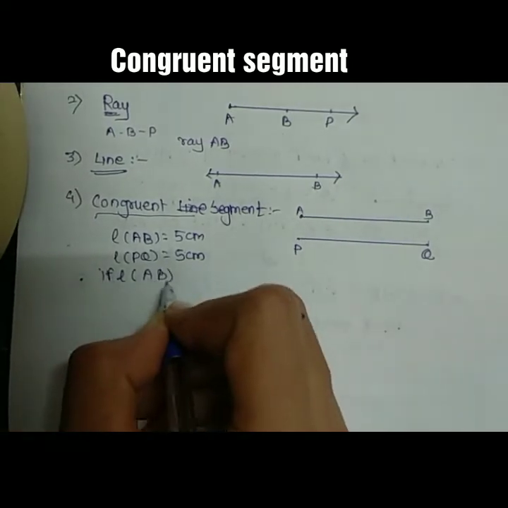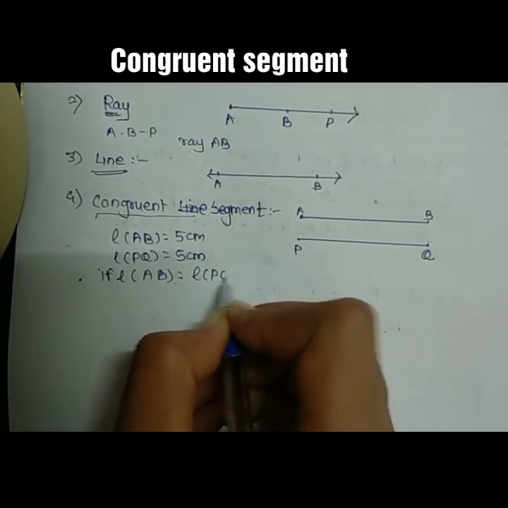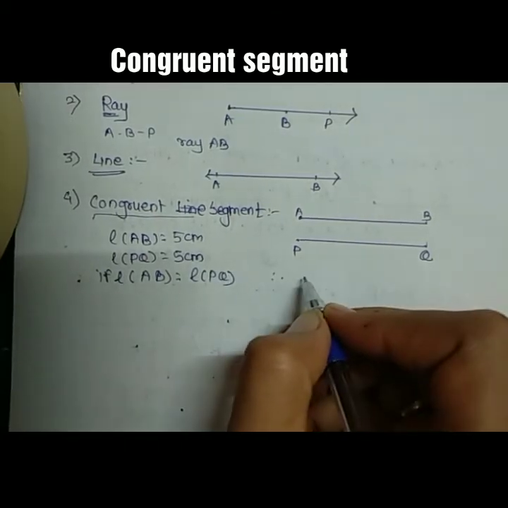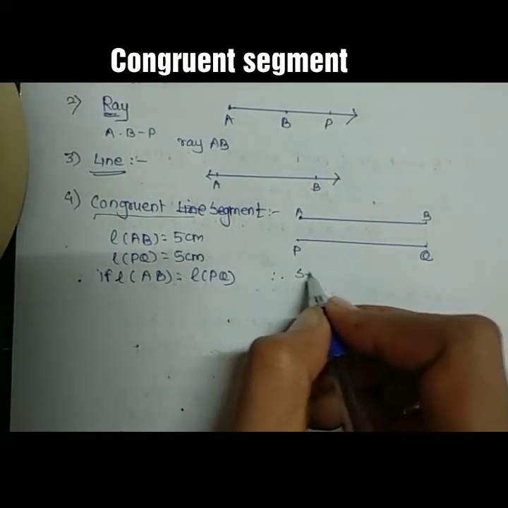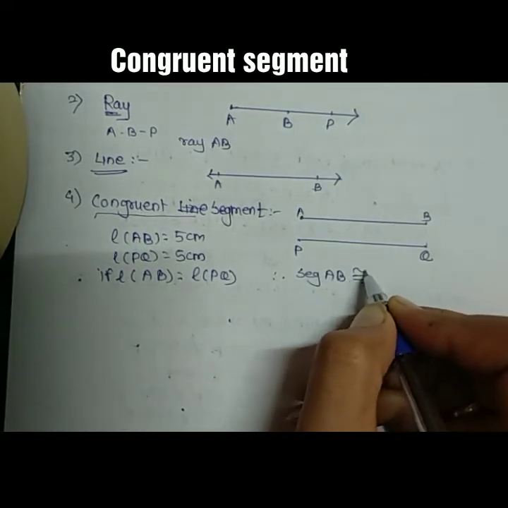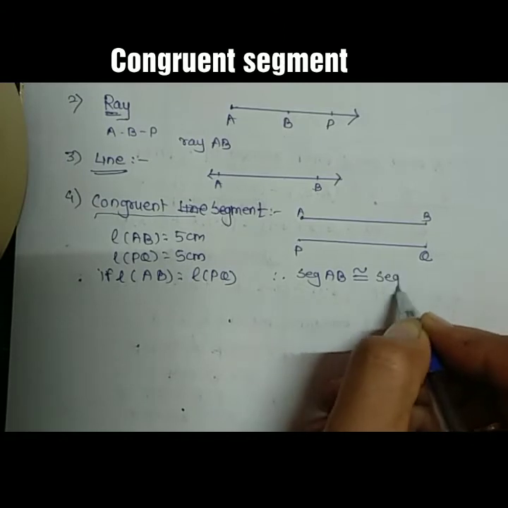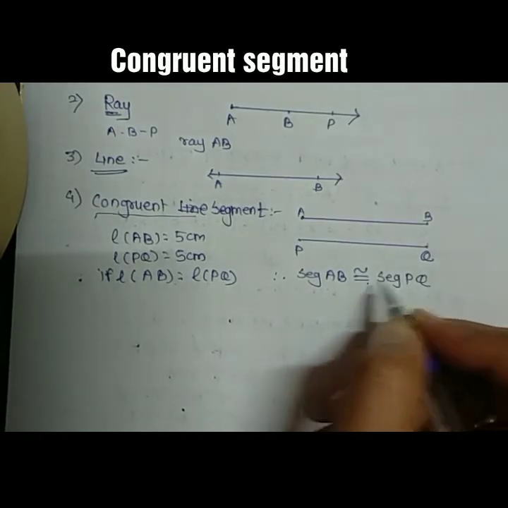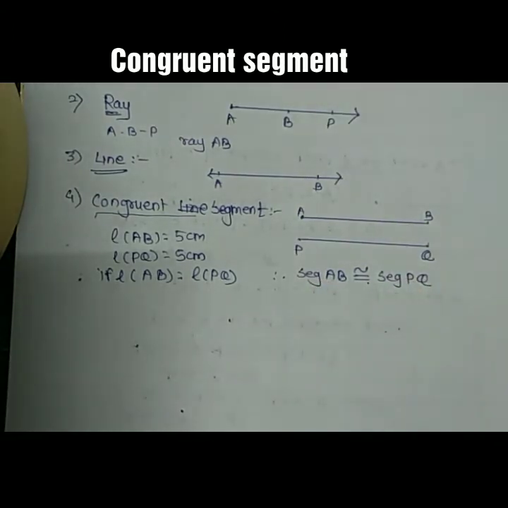If length of AB is equal to length of PQ, therefore segment AB, this is the sign of congruent, segment PQ. Congruent means these two segments are equal.